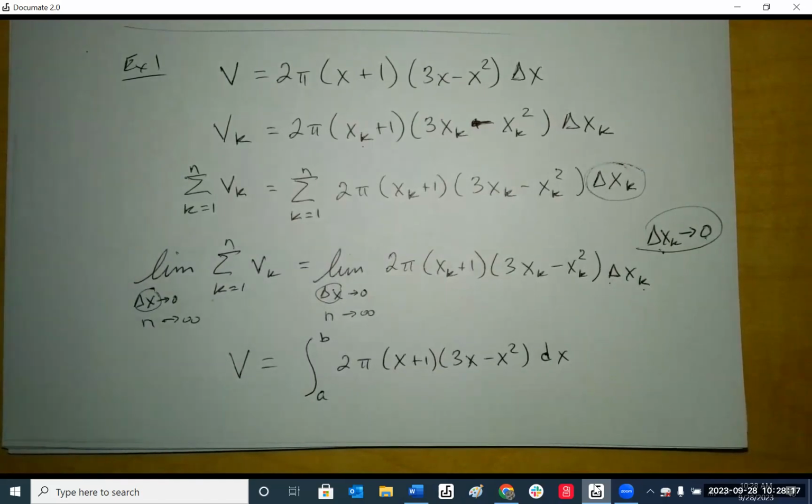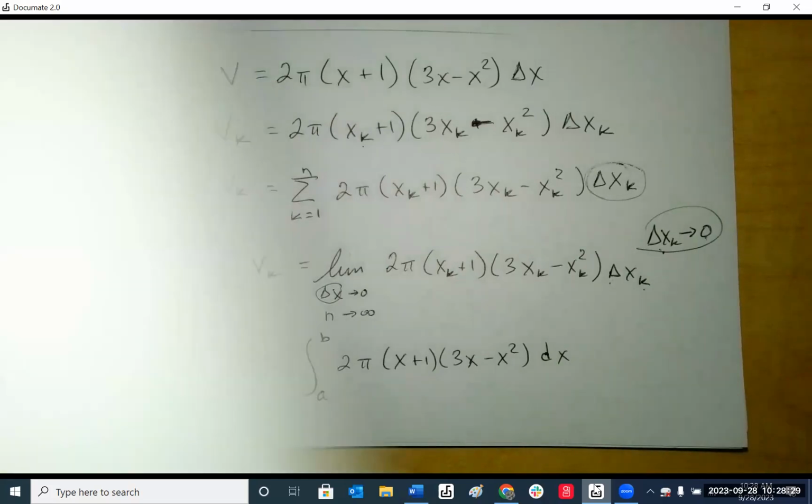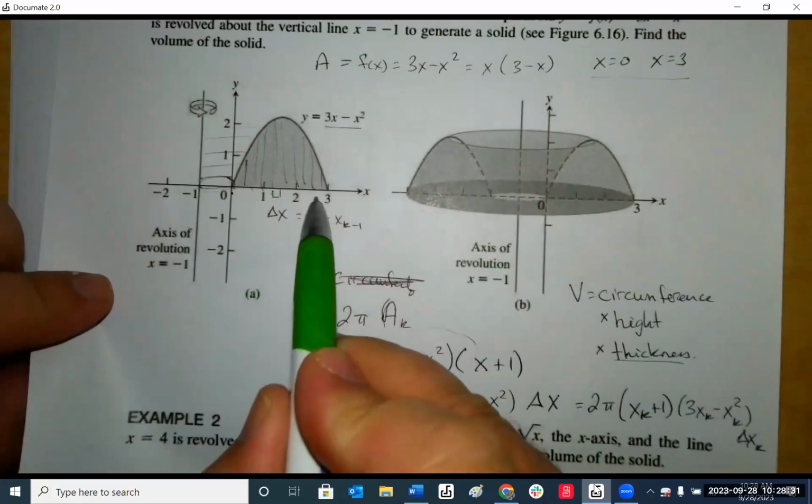We're just deriving it. But do we have the bounds of integration? 0 to 3, because we're only integrating from the picture itself. It's going from 0 to 3.